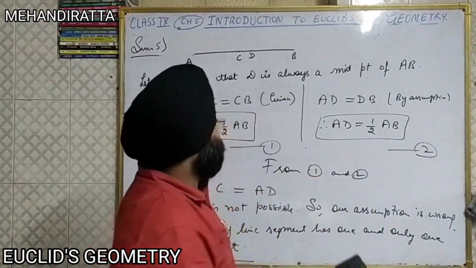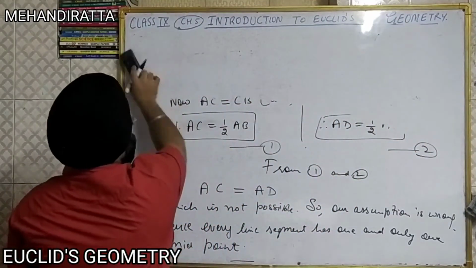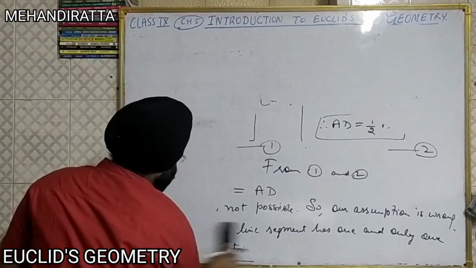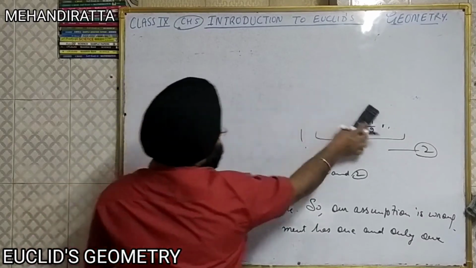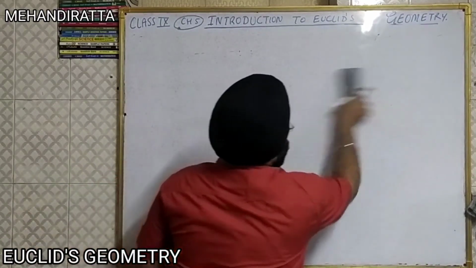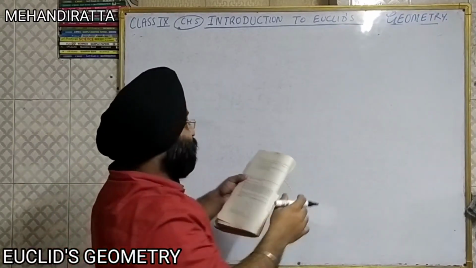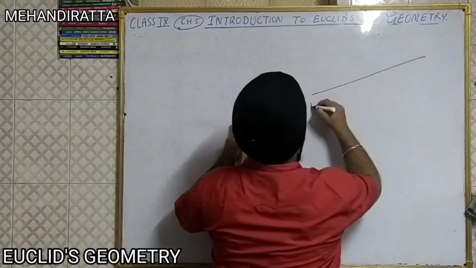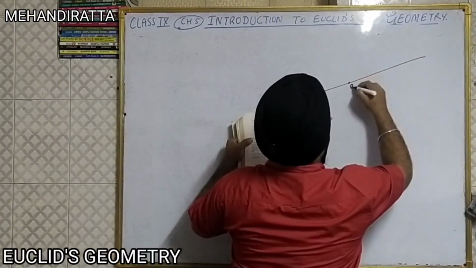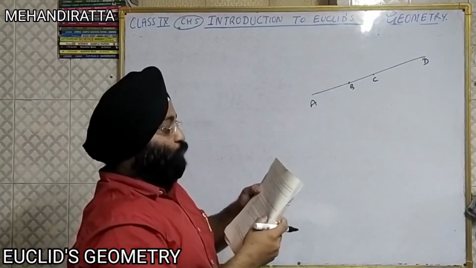Now, sixth sum. In sixth sum, figure is given to you. A, B, C, D points are given to you.